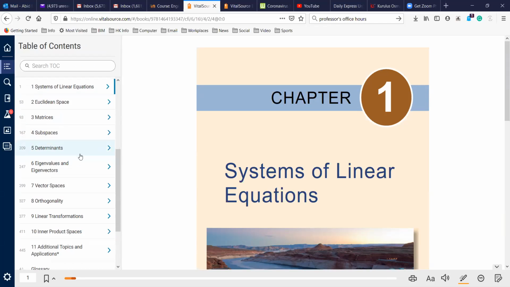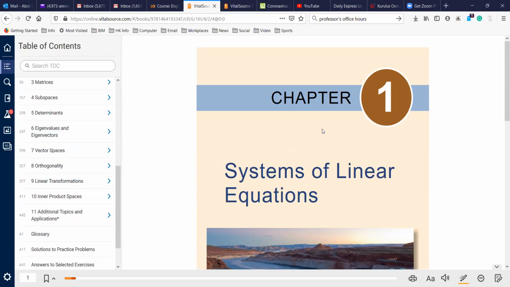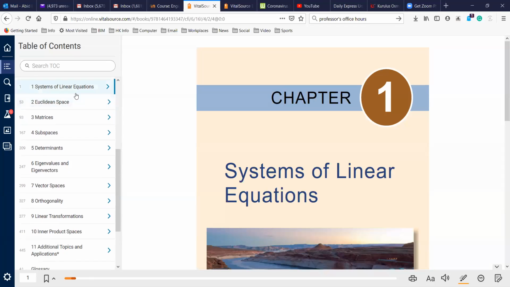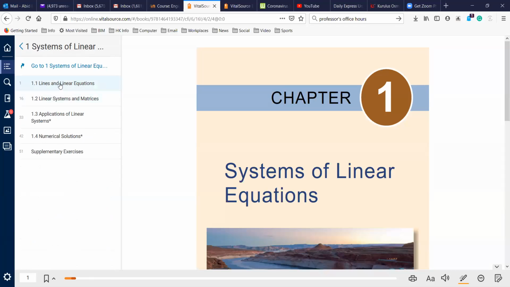So today we will start from chapter number 1, systems of linear equations. I would strongly recommend following this book, as it has many examples. For example, in chapter 1 there are section 1.1 and section 1.2 and then other sections.